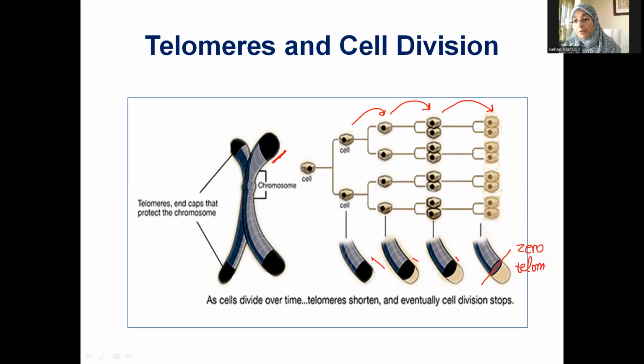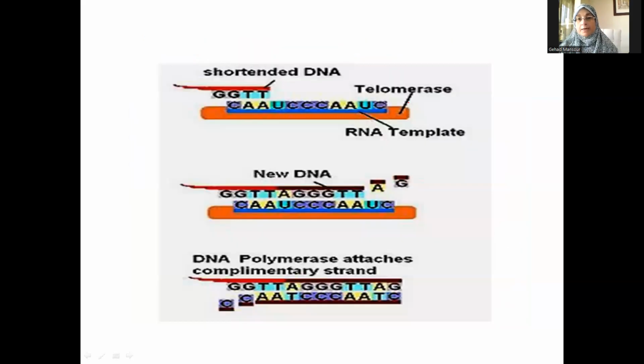At that time, when there are 0 telomeres, the cell should stop dividing, because any further division of the cell cycle would result in affecting the original genes and resulting in a mutation. Of course, this is extra information just for whoever is curious to know how the telomeres act.